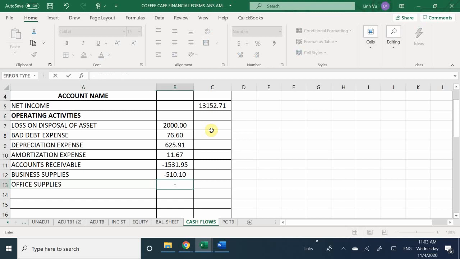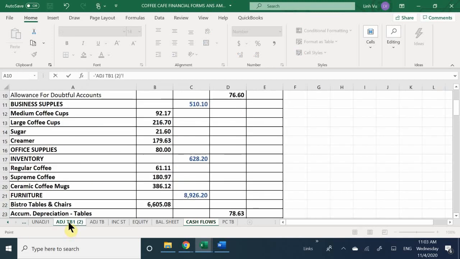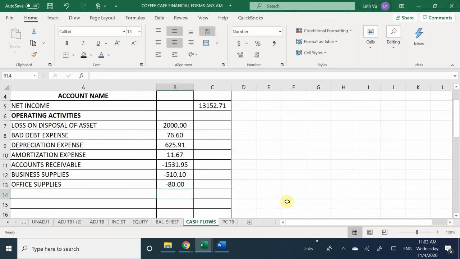In this case, we can't do that. So my total office supplies I have now is $80. I'm subtracting because I still have that amount. I haven't used it yet, and I've already spent the money for it. So that's what this notion means here.